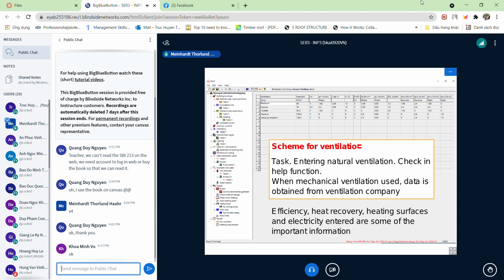Tomorrow, depending on how much time we have, we'll look at how to actually calculate this: how many liters per second, how to go about that part, and what size the ventilation should be. But today we're going to talk about how to fill out this schedule in order to get the program to do the calculation.